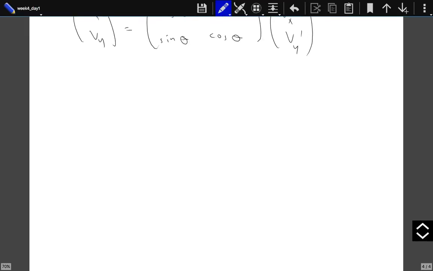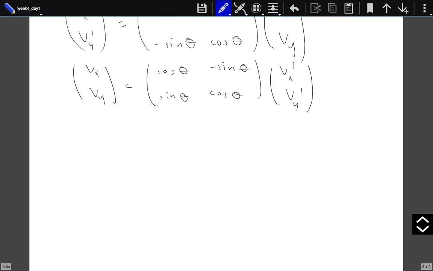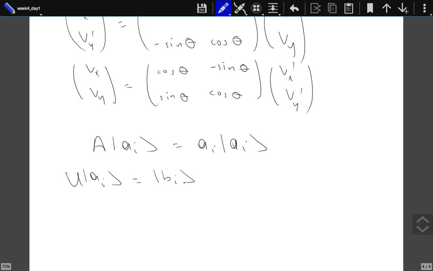Now, one use of it is, let's say, we said, for example, that the alpha i are eigenkets of this observable A. Sorry, I call them a_i. Now, the a_i are related to the b_i through this relation, or a_i is equal to U dagger b_i, since U is unitary.